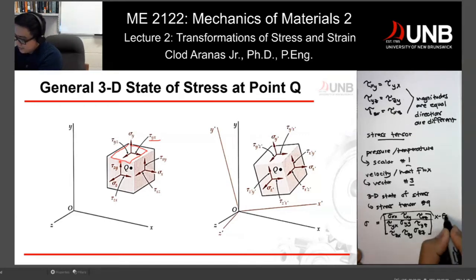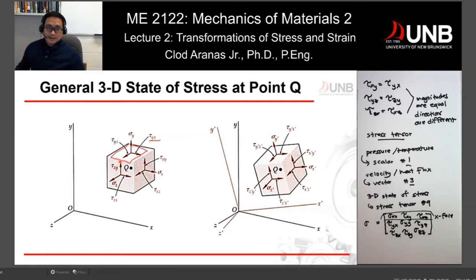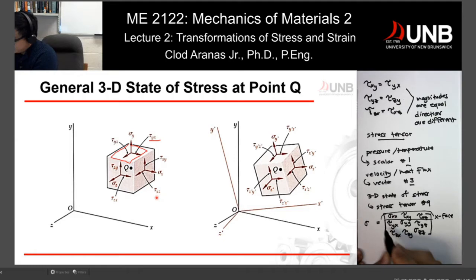So this would be along the x face. If we go back to our slide, the x face would be this section right here. So you can see x, x, and x. That's grouped into the same area. Same thing here: that would be for the y face, and this would be for the z face.